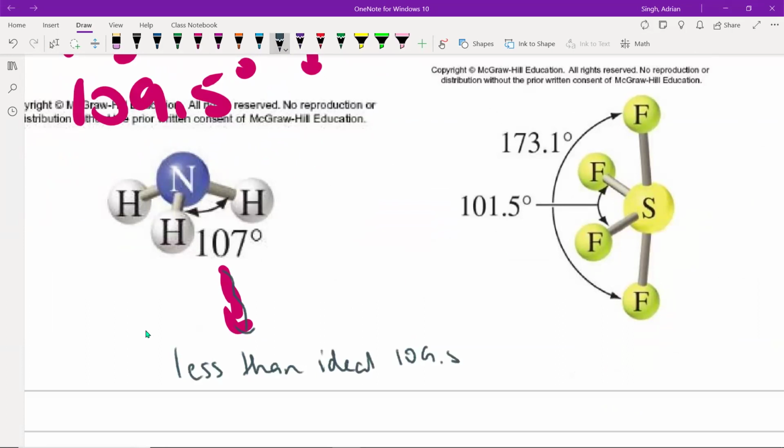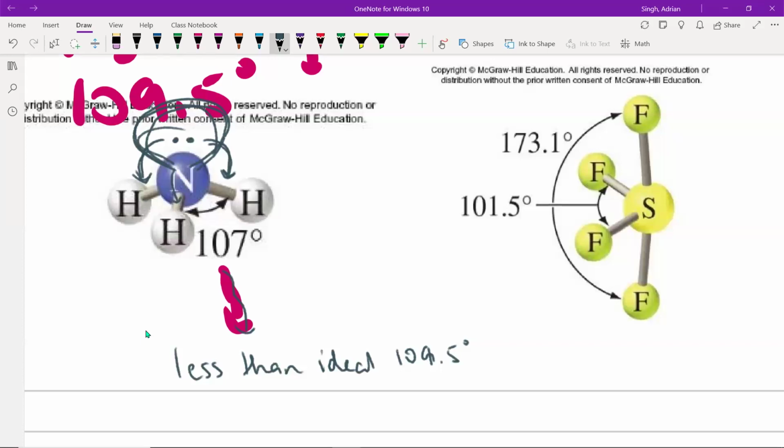And why is that? Well, this is because on top of the nitrogen, there's a lone pair of electrons. And what this does is it actually pushes down, it repels, it takes up more space. Think of the lone pair occupying this huge volume up here, and it pushes down on these bonding pairs of electrons.